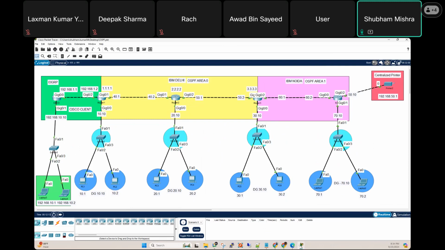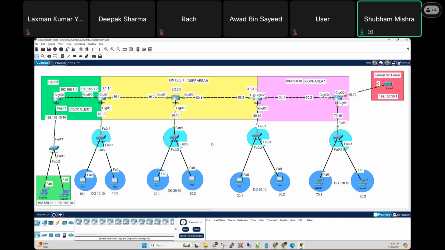That is LSA number 1. Now, what do you mean by LSA number 2? Network LSA. Yes, LSA 2 is the network LSA. Who generates LSA number 2? The DR router will generate LSA number 2.